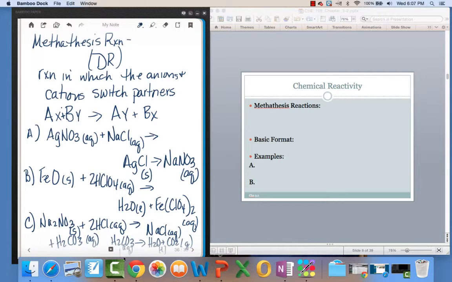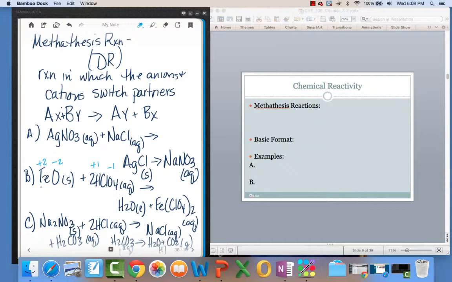All right, so let me talk a little bit about what's happening here in metathesis reactions, other than the obvious. Remember, they take the format AX, BY, and then they switch partners, AY, BX. So here, Fe's plus 2, oxygen's minus 2, and you've got H is plus 1, and the ClO4 ion is minus 1.